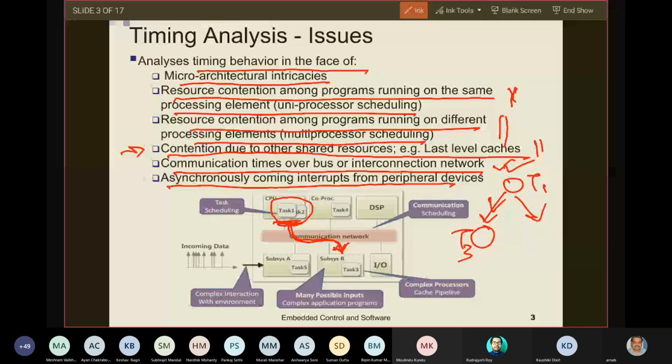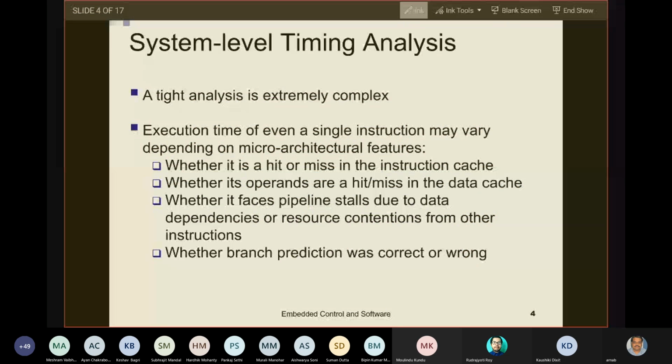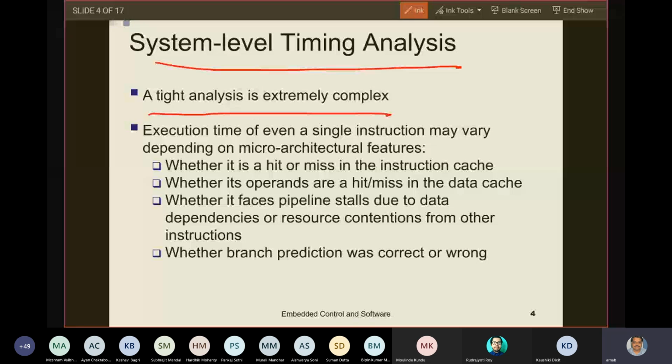But again, as we told, such system level timing analysis is not very easy. Getting a tight analysis, meaning a closed, tight bound on time, is not very easy. Why?